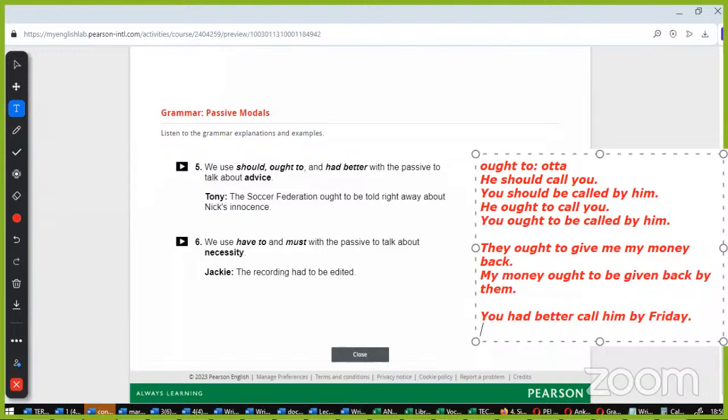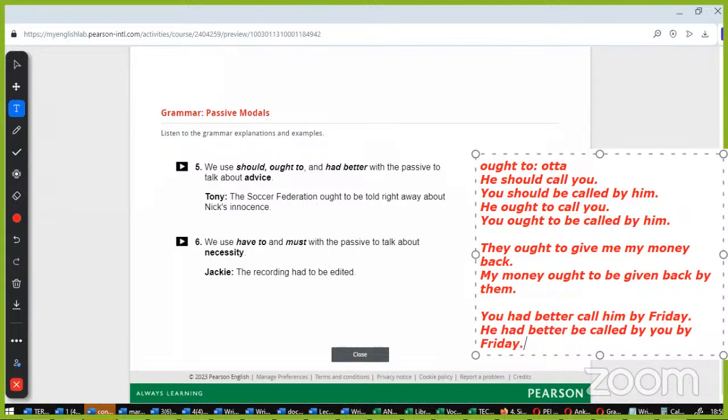Okay. The passive voice of that sentence. Yes, that's right. He had better be called by you by Friday.